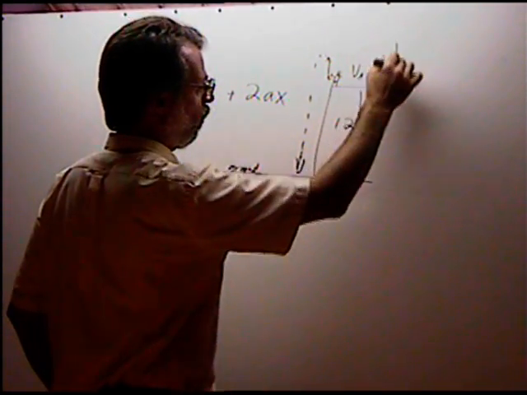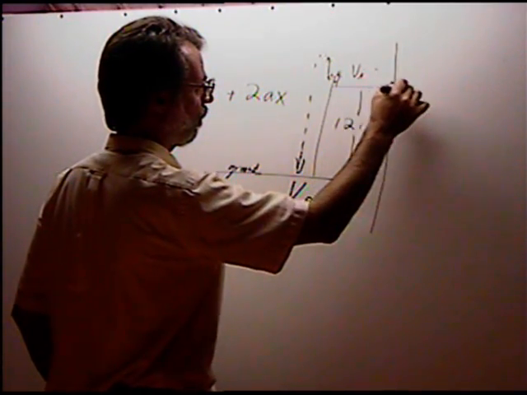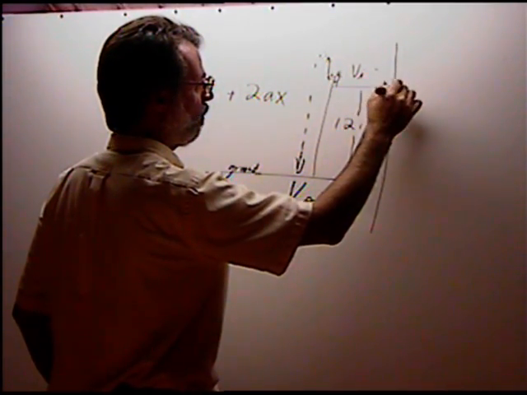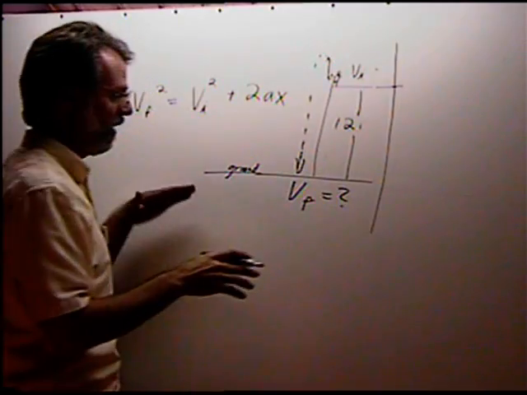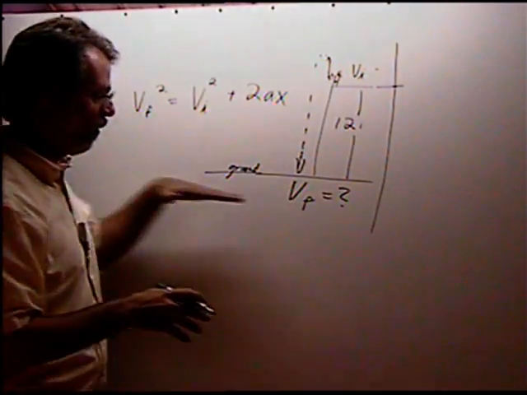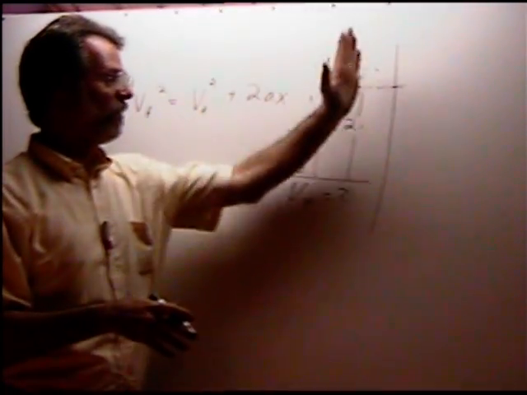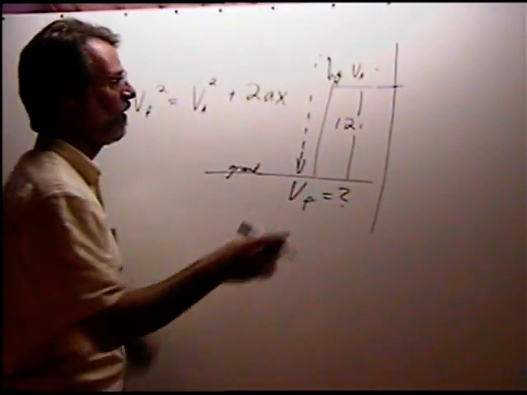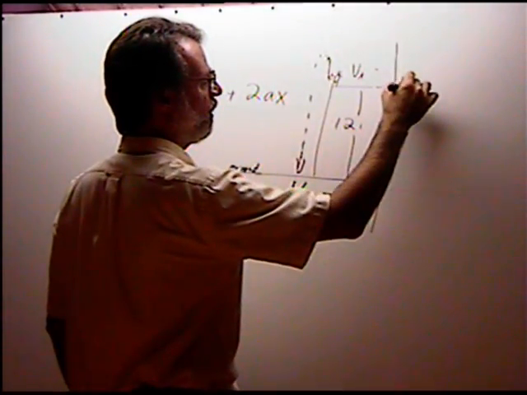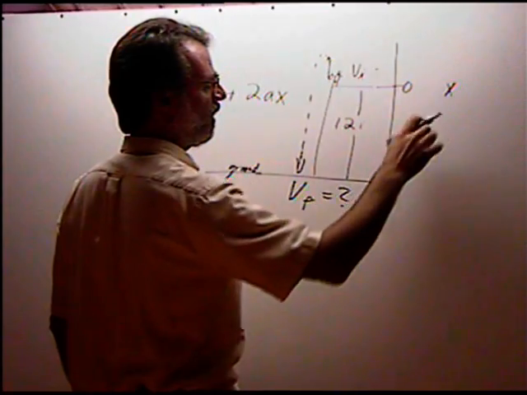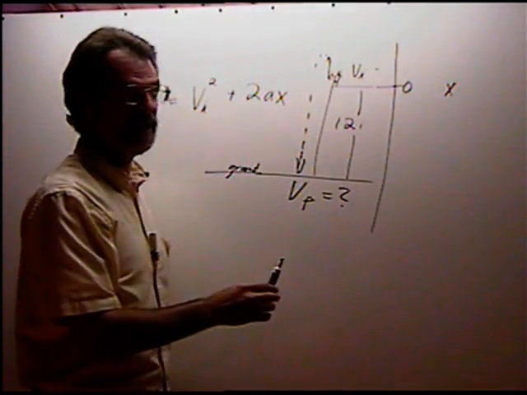Instead of our x coordinate system being horizontal, our x coordinate system, let's say, is in the vertical dimension. And this is our 0 point. This is x. Our x dimension now is up and down.